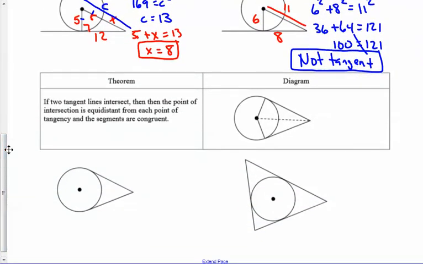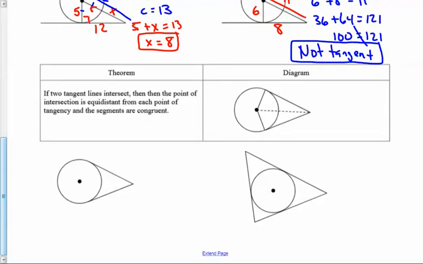Okay, the last thing we talked about here, which was also very similar to what we did last class, is that two tangent lines intersect, and the point of intersection is equidistant from each point of tangency, and the segments are congruent. And we've seen this before, right? If these are both tangent, then they have to be congruent to each other.